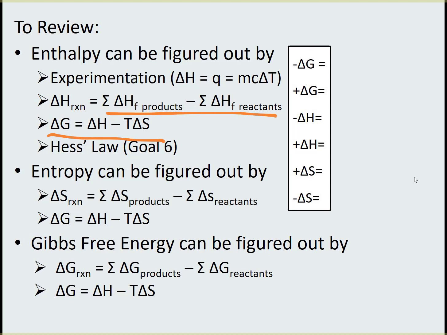And remember, enthalpy is delta H. For entropy or disorder, which is delta S, it can be calculated through products minus reactants and also using Gibbs free energy equation and solving for that delta S. And then Gibbs free energy can be figured out by products minus reactants and also Gibbs free energy equation, and it has a symbol delta G.